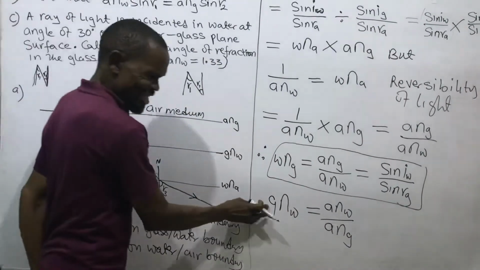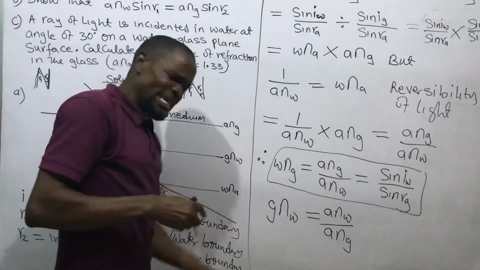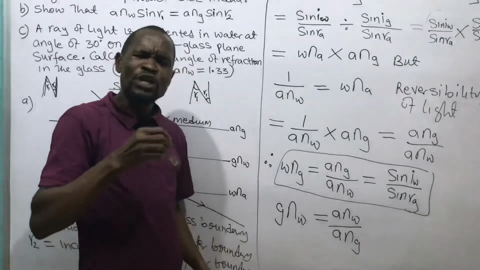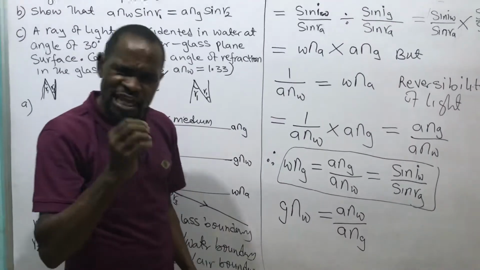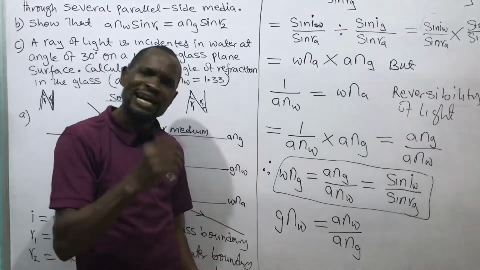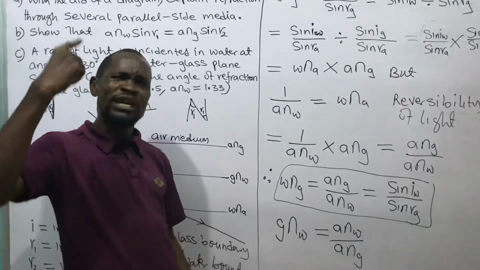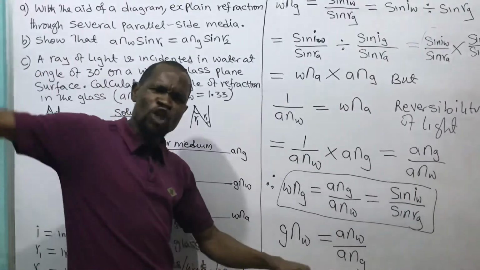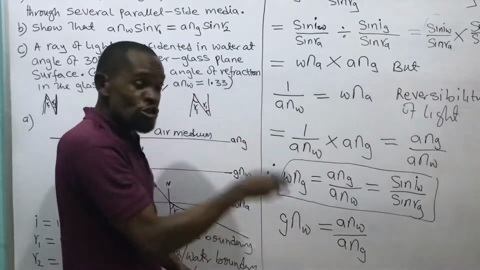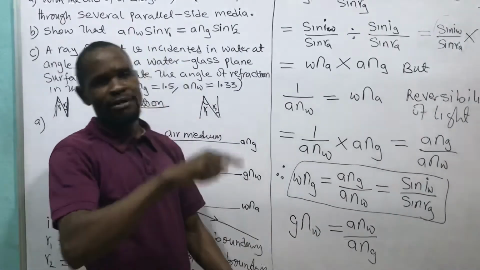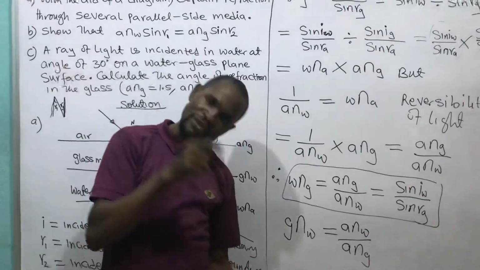Because what we know in optics and waves is the refractive index of glass and refractive index of water. So any other refractive index we are looking for, we have to resolve, which we are doing now, to be able to suit in refractive index of glass, refractive index of water.